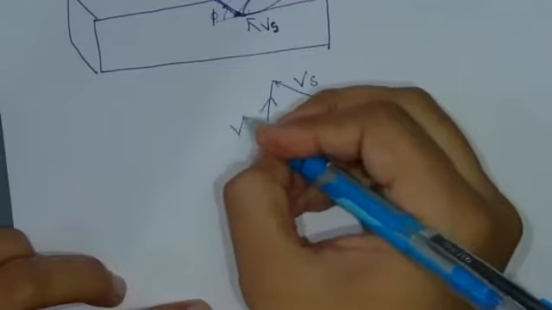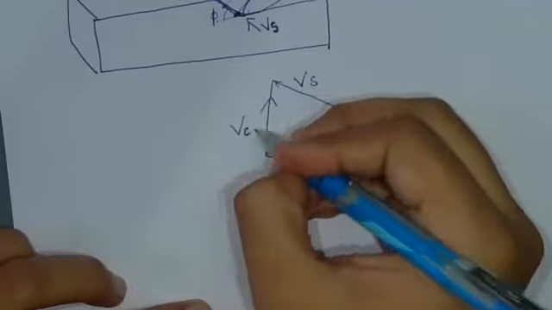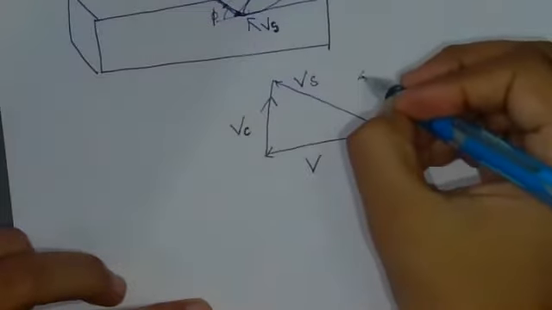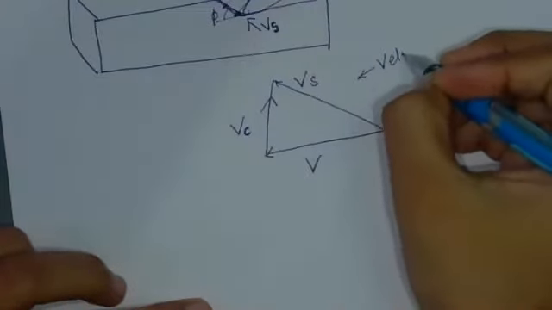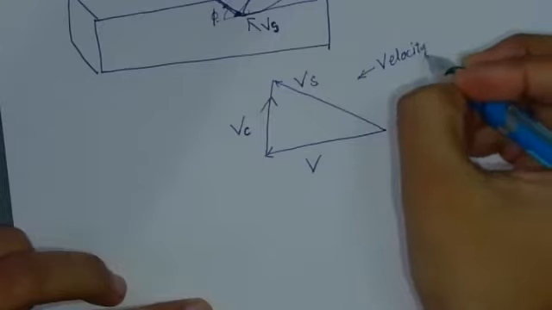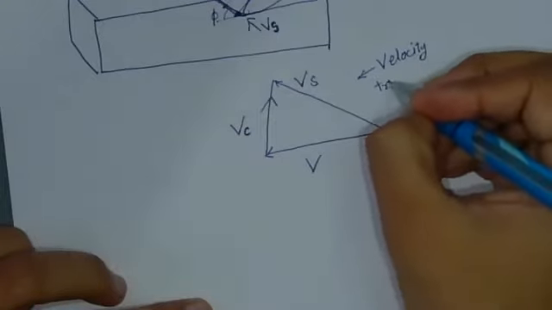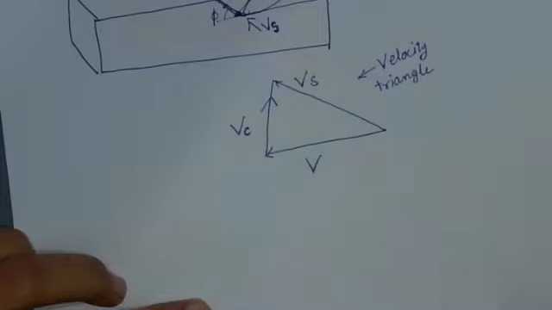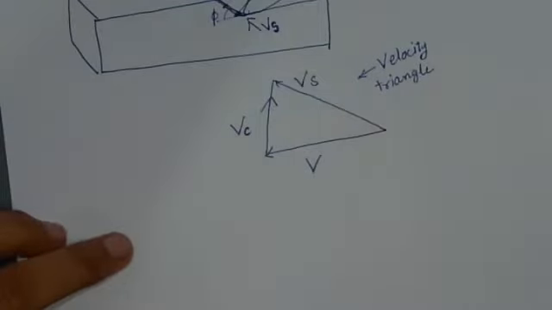Therefore, the velocity of the chip can be determined using this velocity triangle. So the velocity triangle for a cutting operation consists of three different kinds of velocities, and at any particular moment, the velocity triangle closes.